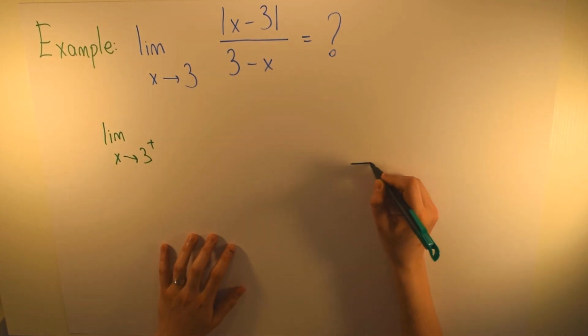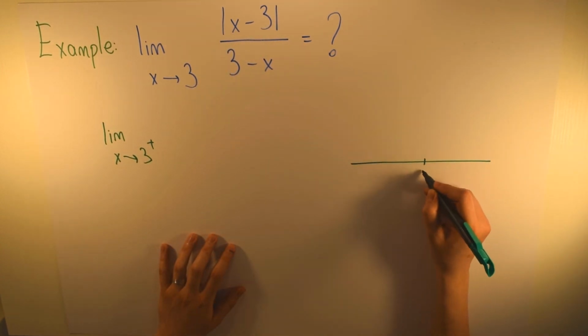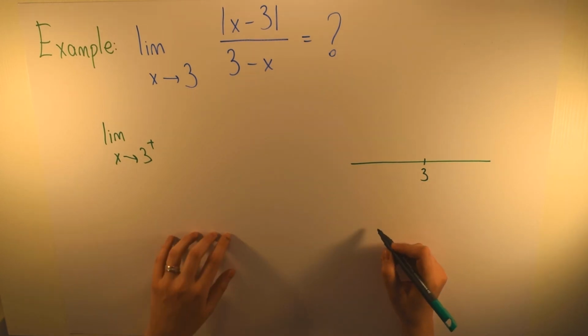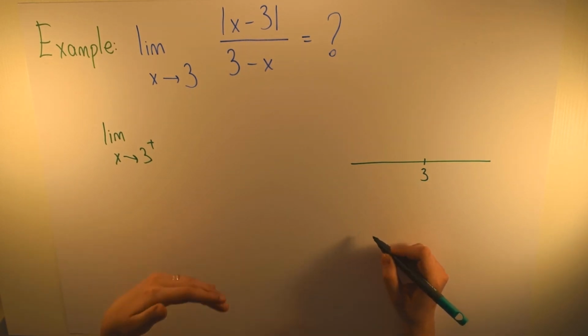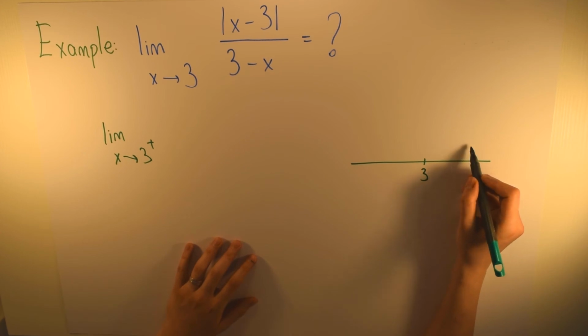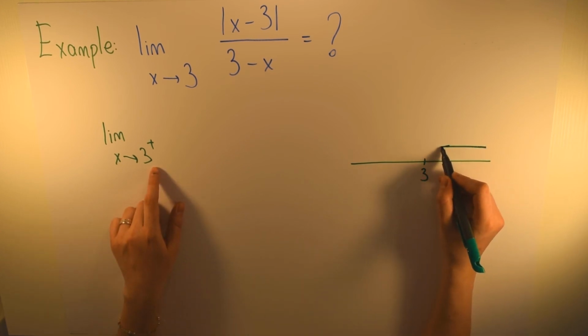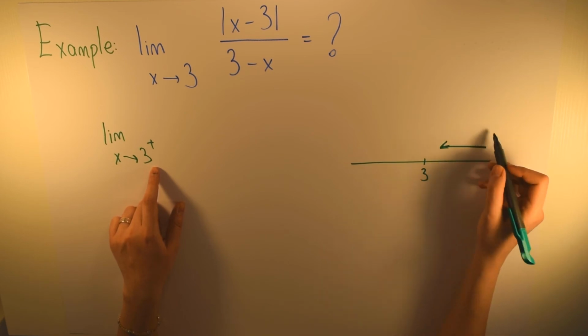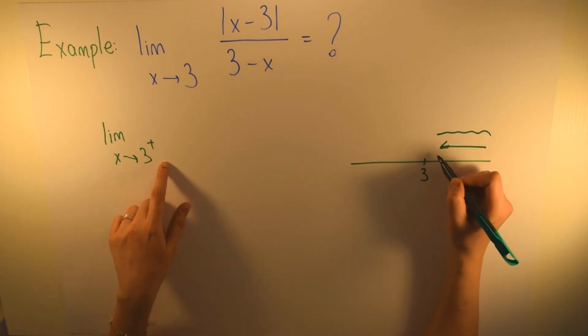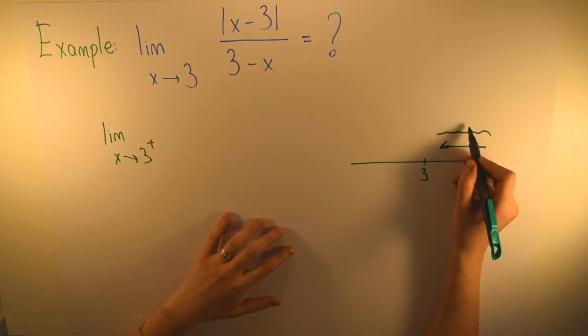So when I put this 3 on my number line, when x is greater than 3, which means when we get closer to 3 from the right side, as you can see, these values make this absolute value positive.